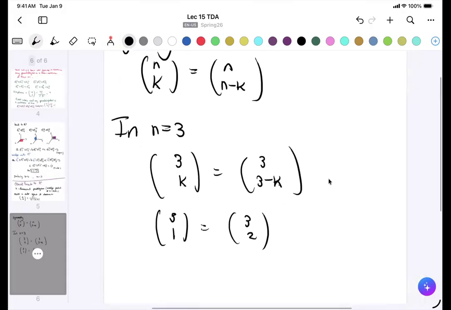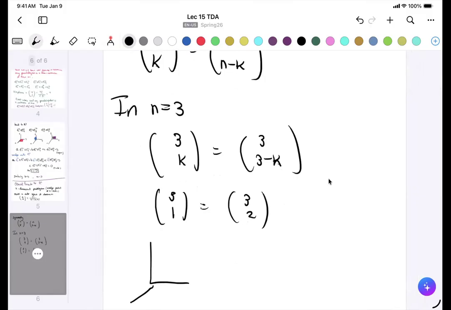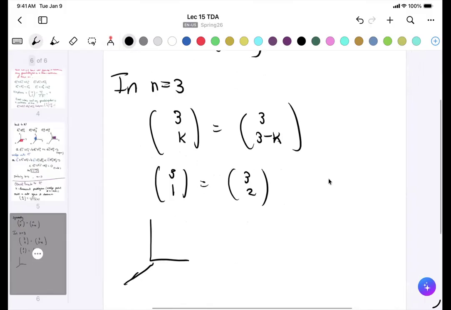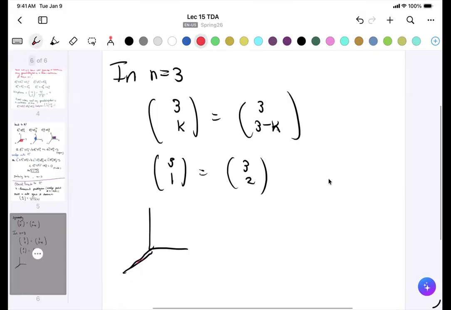What is the 3 choose 1? That's i, j, and k, or e1, e2, e3, which is the space we're used to.